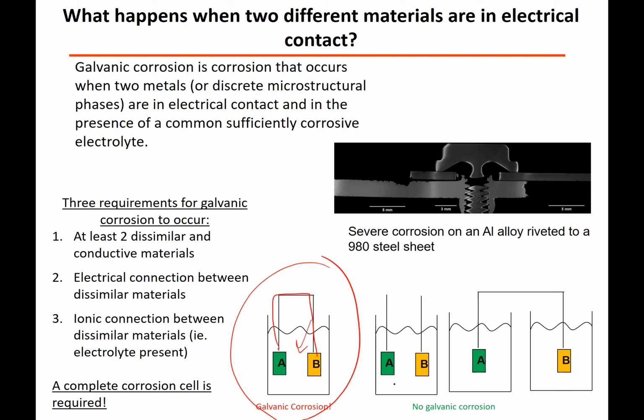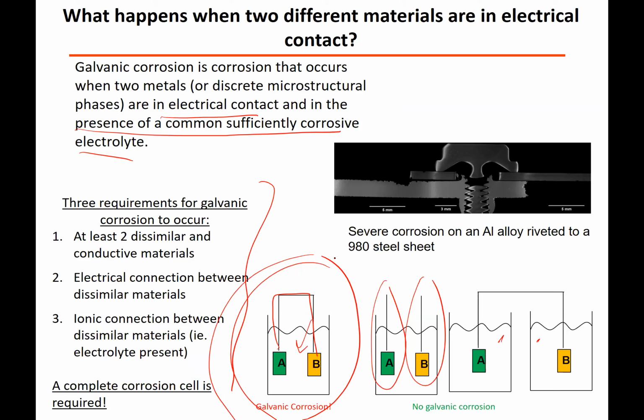Now, if they were isolated like this, there wouldn't be any galvanic corrosion. If they were in separate containers, not in the same electrolyte, there also would not be galvanic corrosion. So the 3 requirements for galvanic corrosion to occur are electrical contact in the presence of a common, sufficiently corrosive electrolyte. And that's also listed here.